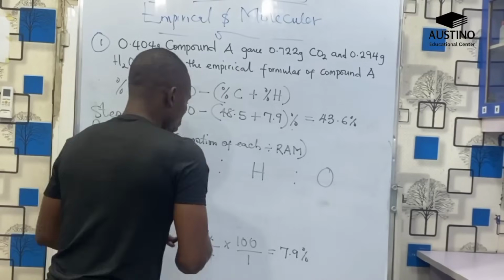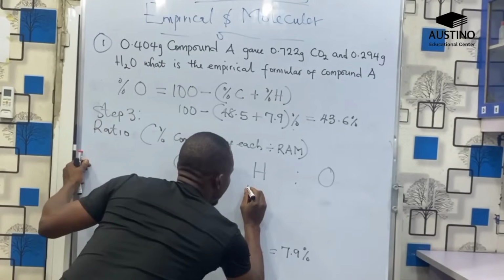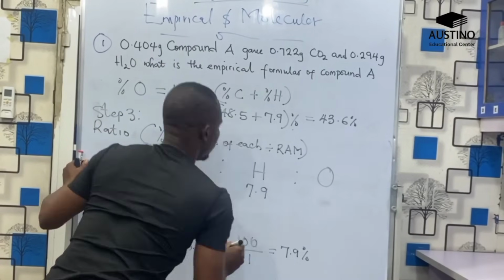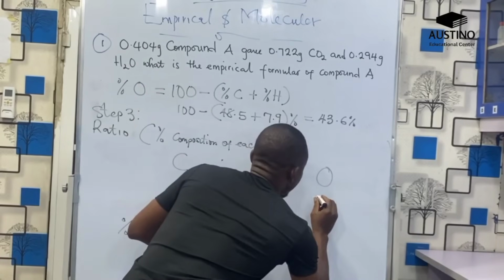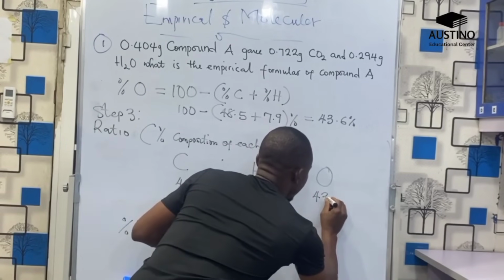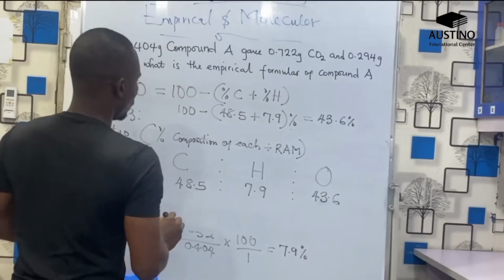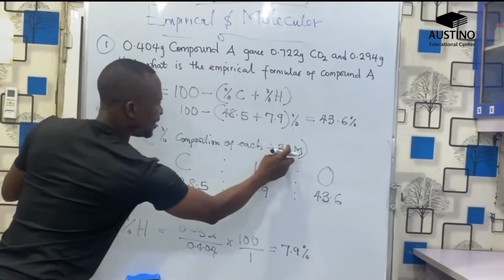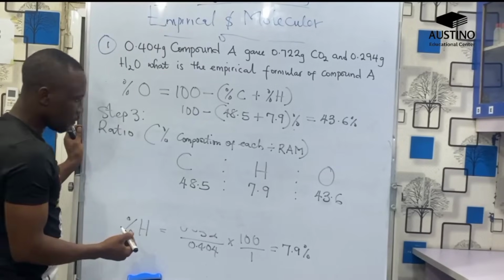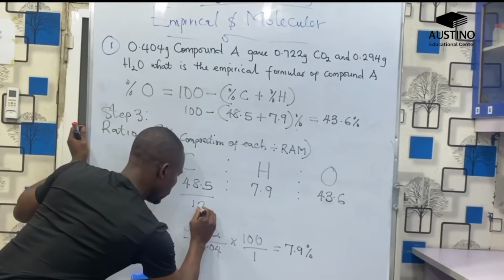And then for hydrogen, we have 7.9%. For oxygen, we already have 43.6%. These are ratios. So from our formula, we divide by the relative atomic mass. The relative atomic mass of carbon is 12.